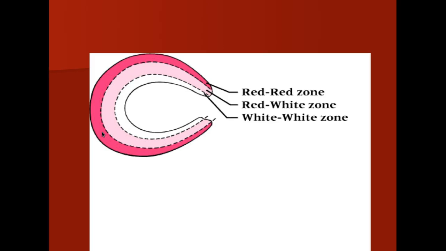Whereas this inner 1/3, the white zone, is where you don't want any lesions, because the rate of healing is a lot less in this zone.